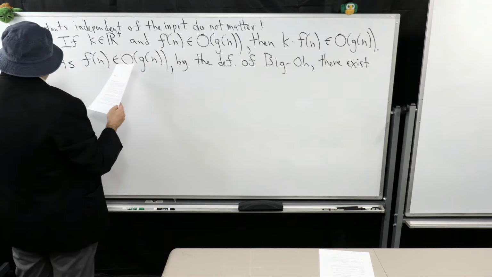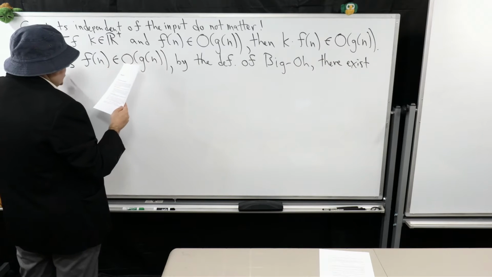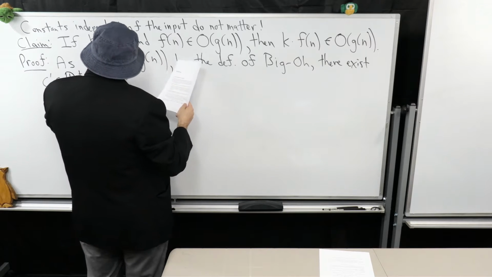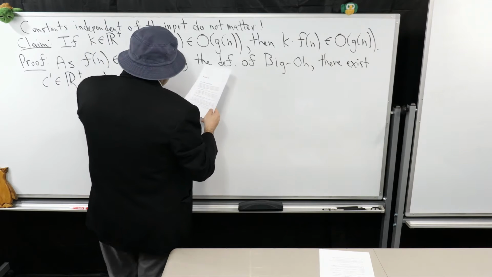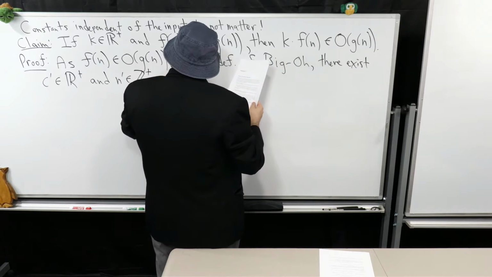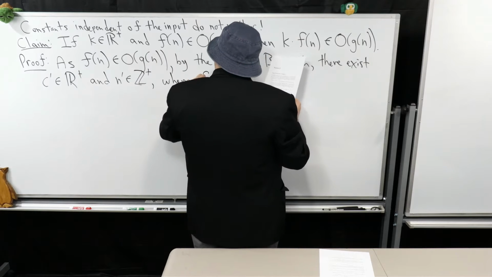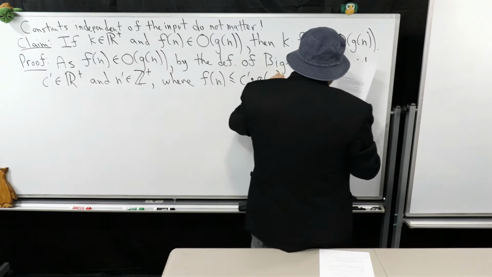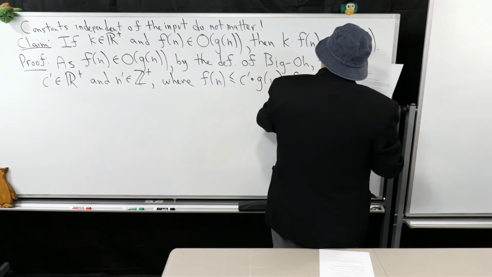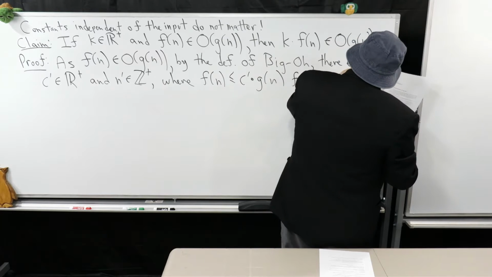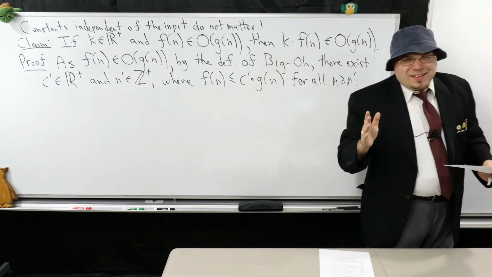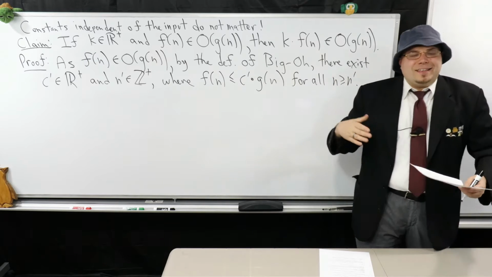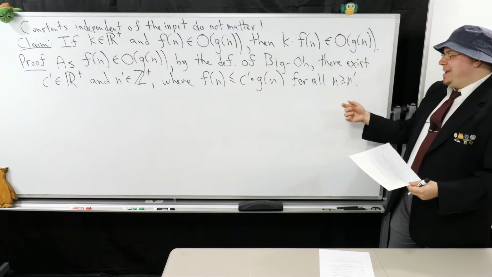I'm going to call them c prime, which is a positive real number constant, and n prime, which is a positive integer, where f of n is less than or equal to c prime times g of n for all n greater or equal to n prime. You'll see why I'm going to use n0 and c for my actual statement I'm going to try proving. It just makes things a little more clerically easy to discern what exactly I'm doing.